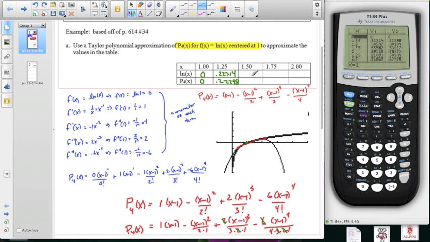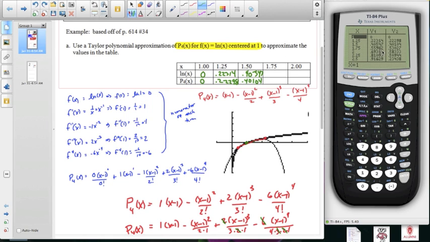For 1.5, we're at 0.40547, and for the approximation, we're at 0.40104. I put that in the wrong spot. 0.40104, and so we see that at 1.5, that approximation is slightly lower than the actual value of the function.